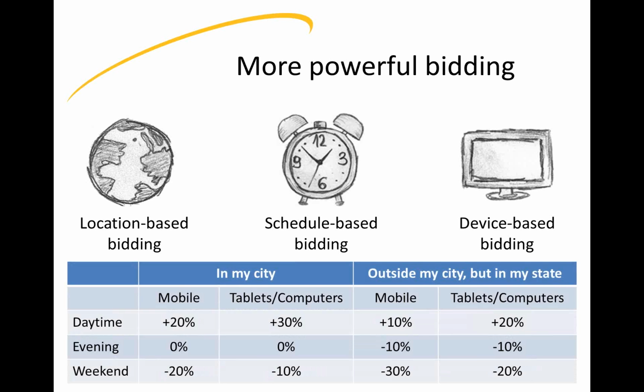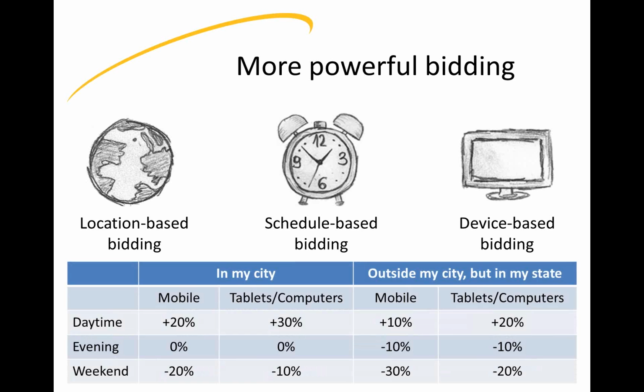As you can see here, this is just an example, and it can certainly be more complex or less complex than this. But you could say, look, if somebody is in my city, I'm willing to bid a little bit more for them because they're closer to my school and they're more likely to enroll in my program. And if they're on a tablet or a computer, a laptop or a desktop, I want to bid even more than I would if they were on a mobile device.